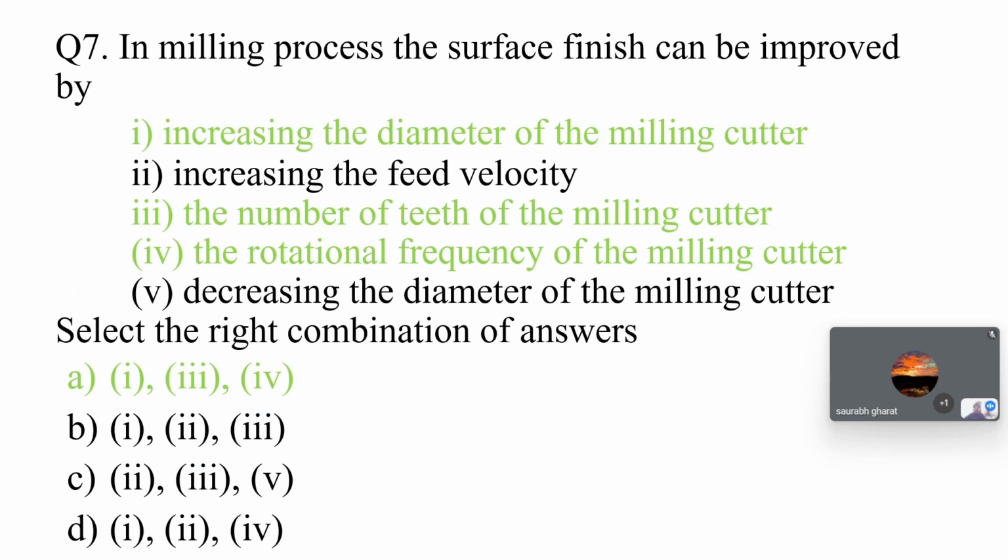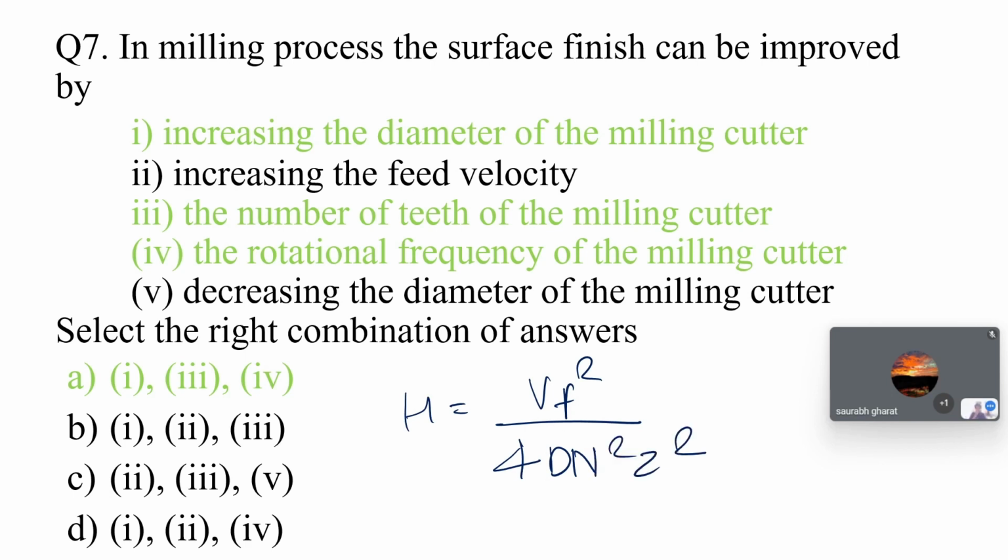Again, in milling process, surface finish can be improved by: for this you must know the complete formula. So we are writing for milling now. What is the formula for H here? H is equal to VF square by 4BN square Z square.